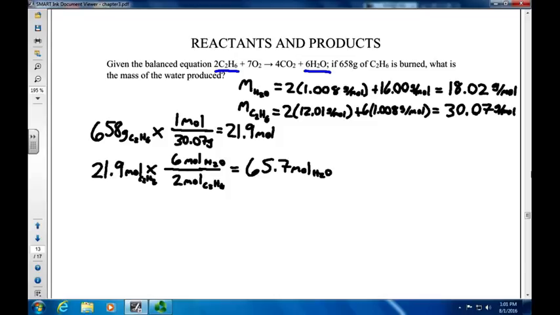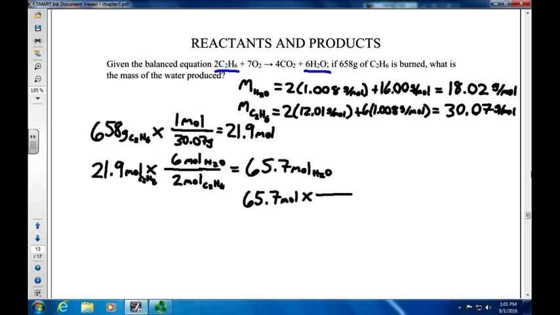The last part of our dimensional analysis is to take this value, 65.7 moles, and bring it back over to its mass.